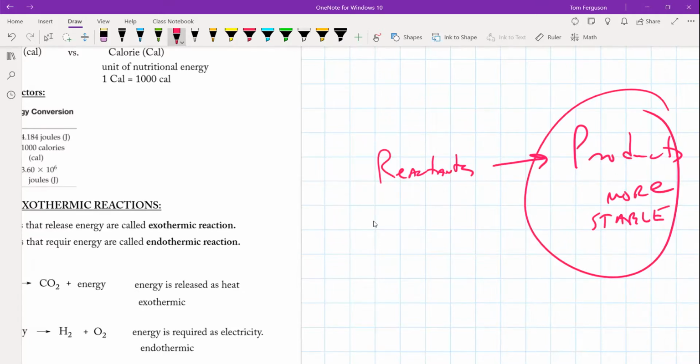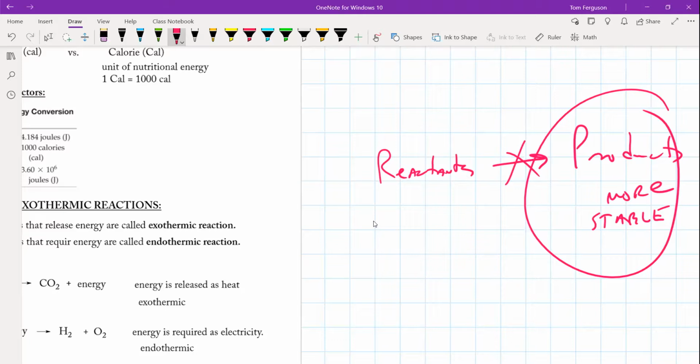Simple as that. And to force reactants into products where the products are more unstable, you have to put energy into the system. And then the products are unstable and they don't last very long because they want to become more stable by going back to the reactant side.